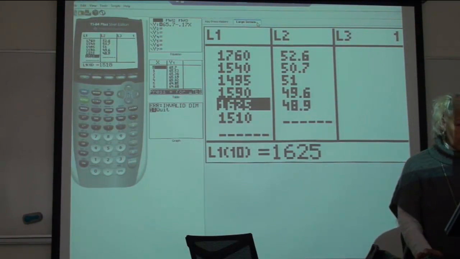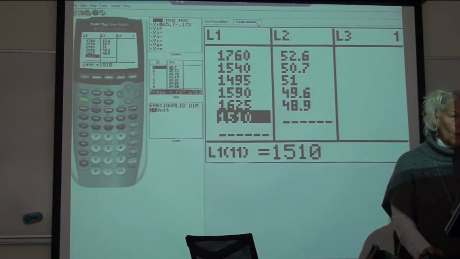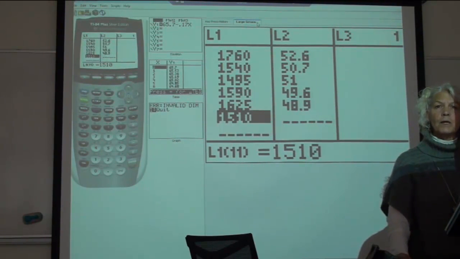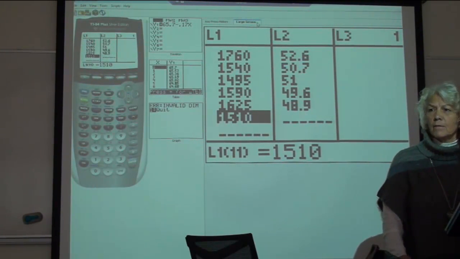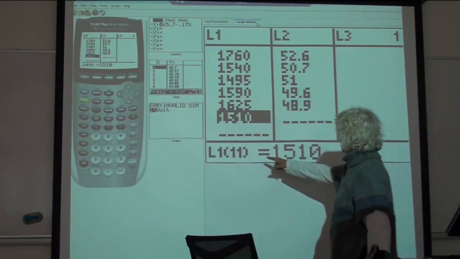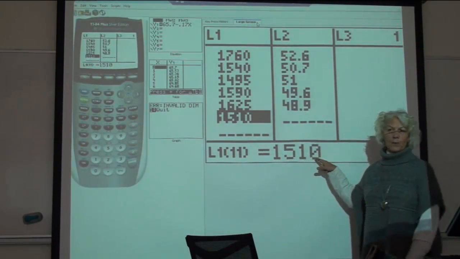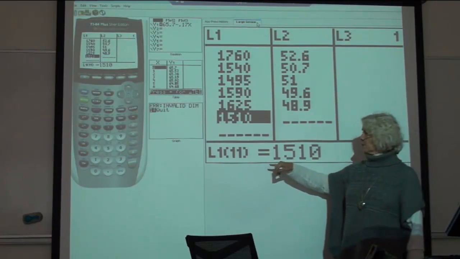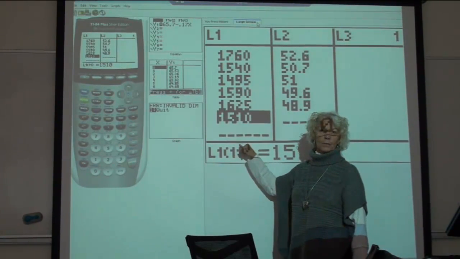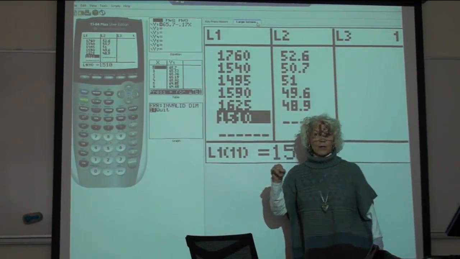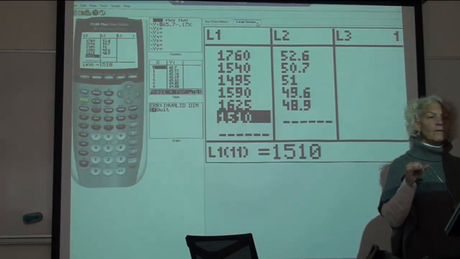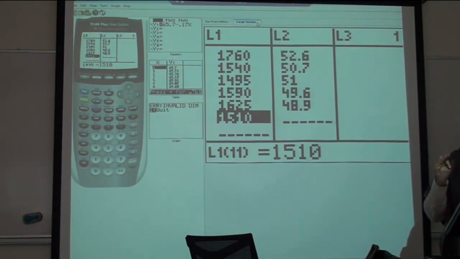Okay, your check, and you must always do this. This must be your number one move. I know I've entered number 11. That's what this means, the 11th term. I already know from the question I need to have 11 pieces of data.